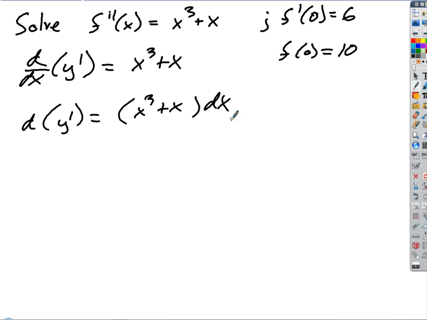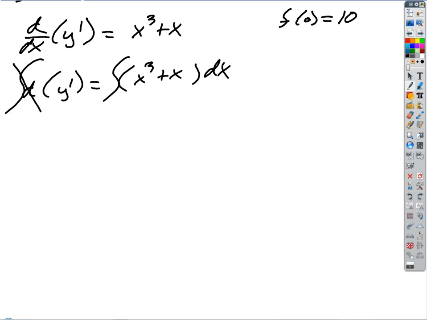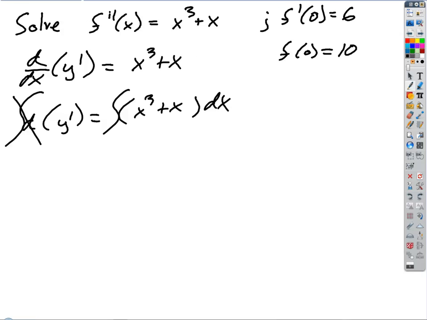And now I can just anti-differentiate to undo the derivative, right? You don't have to show that step, but that's how we're thinking about it. I would say you could really just jump straight from here down to there, right?